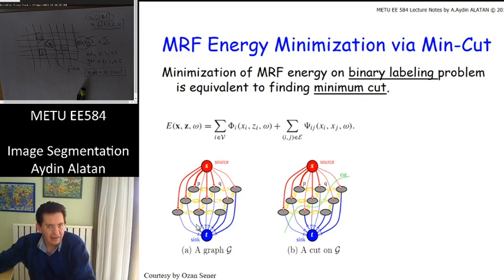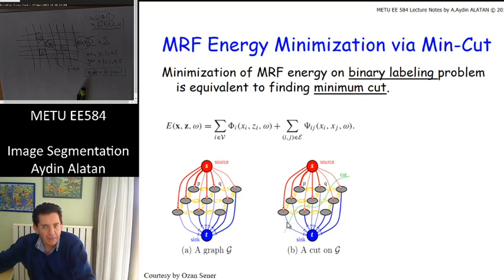At any instant, assuming this one, those ones, red ones belong to the source, and that one belongs to the blue. I can have, for example, I can cut this three-dimensional graph at some particular nodes.